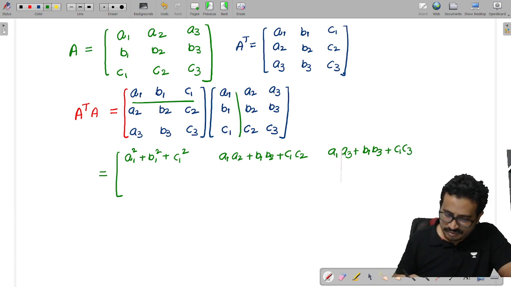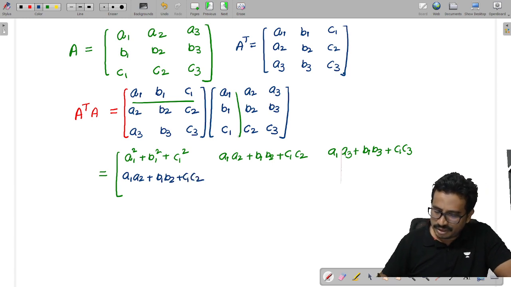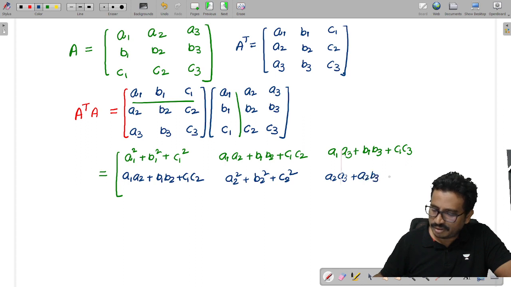Now the second row, what will I get here? This is a1 a2 plus b1 b2 plus c1 c2, next a2 square plus b2 square plus c2 square, next a2 a3 plus b2 b3 plus c2 c3.